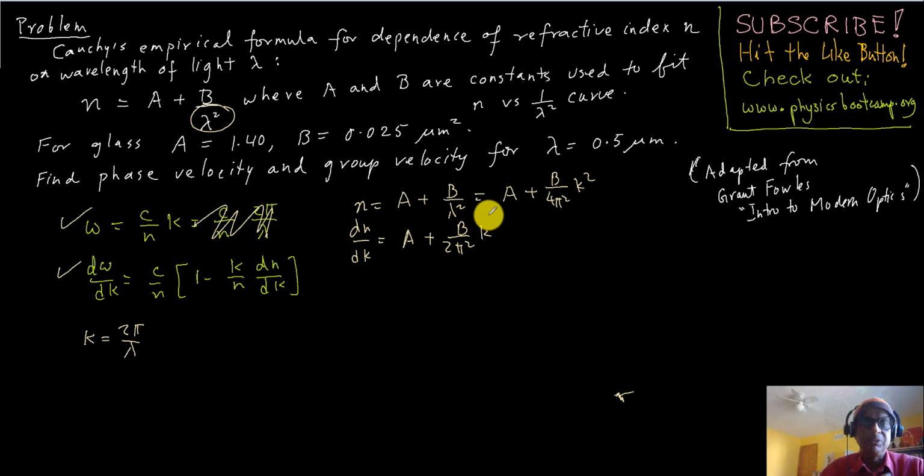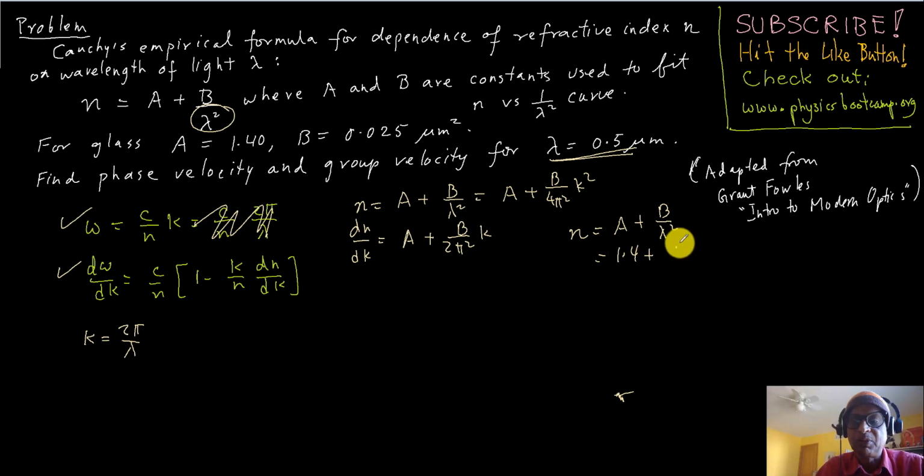All right, so we need to get c over n. So we need to get n when lambda is 0.5. So n is A plus B over lambda square. You can just use that there. So A is 1.4 plus B is 0.025 micrometer square, and lambda is half a micrometer, so 1 over lambda square is 4.